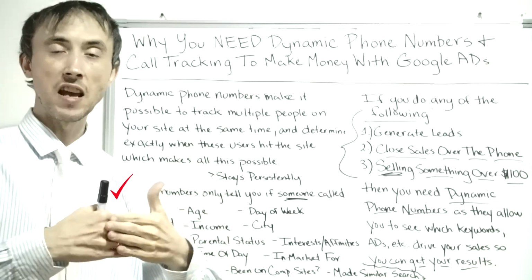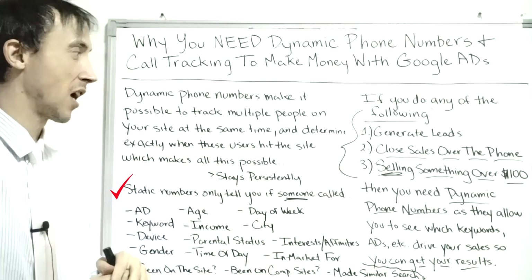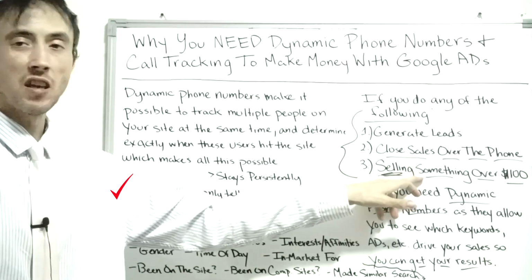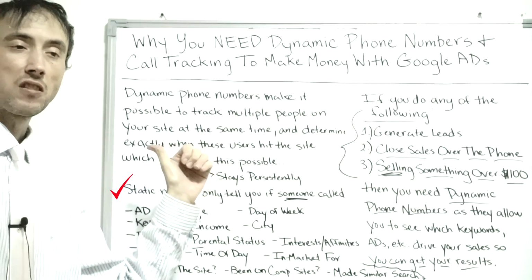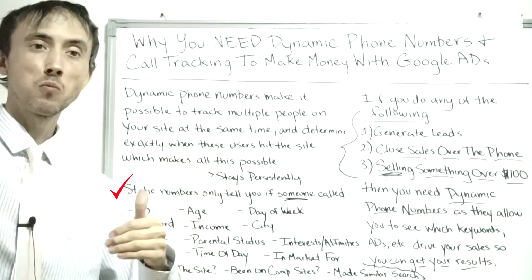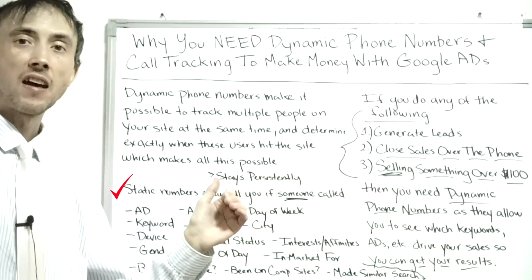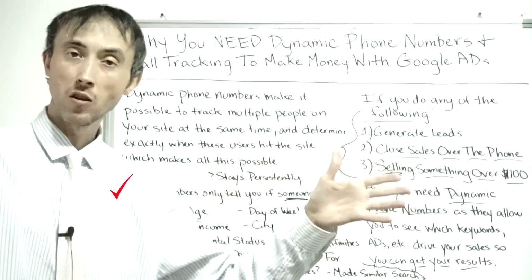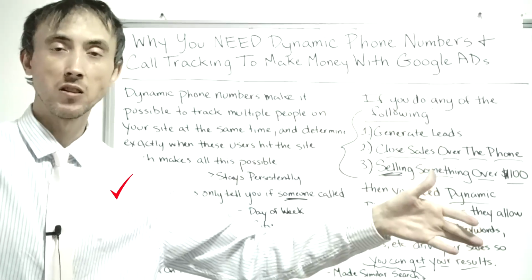There are no gaps in your data, which makes a massive difference in how much money you're going to make in your ad account over time. For people selling something for over $100, you get quality information, because it usually takes a while for people to order. If they call, that person is like 10 times more likely to buy something.